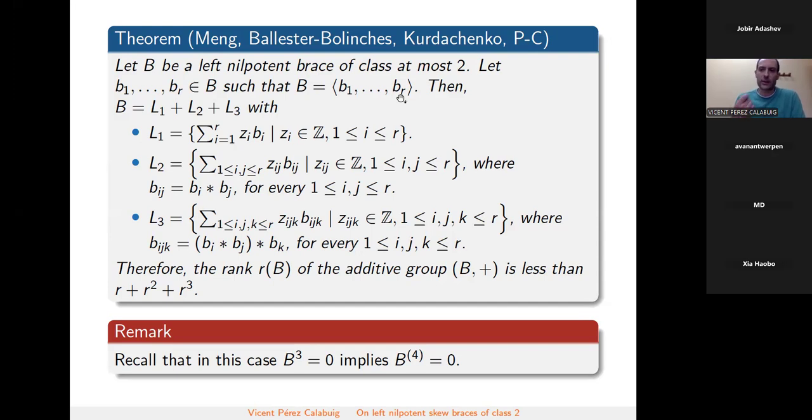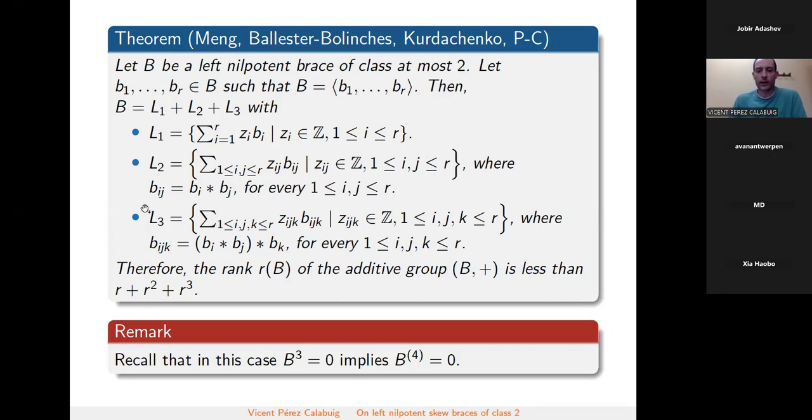In this case, the first thing that we can prove is that the additive group can be written as a sum of 3 subgroups. The first subgroup is the set of all possible finite sums of elements of the generating set. The second subgroup is the set of all finite sums of all possible star products of two elements of the generating set.